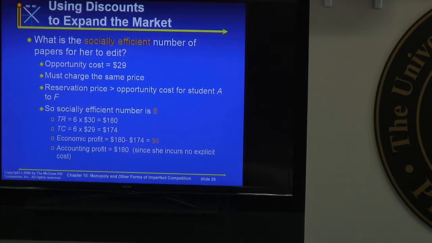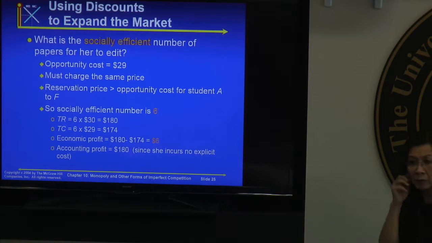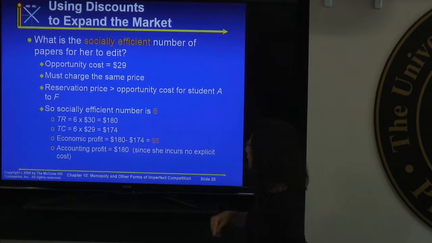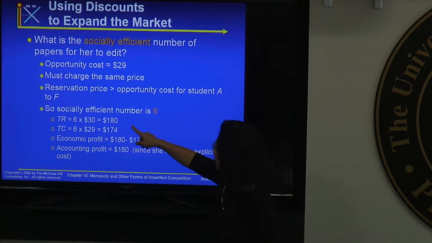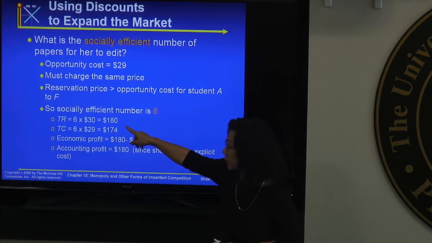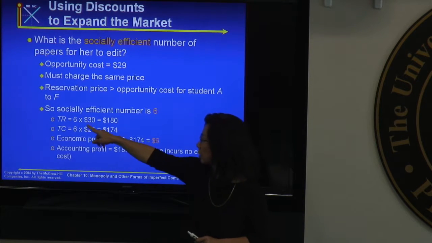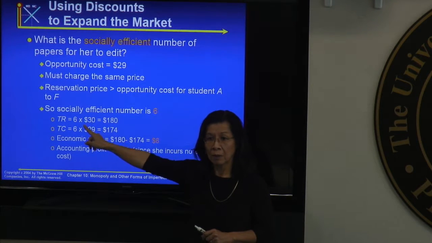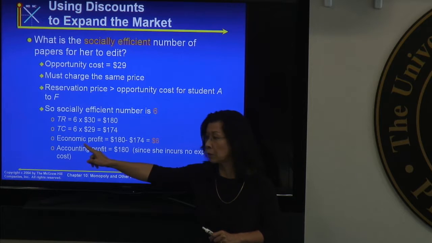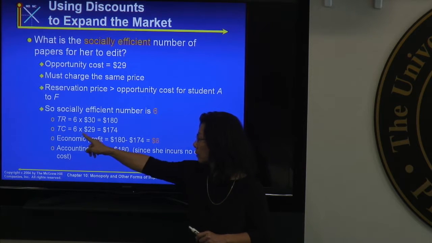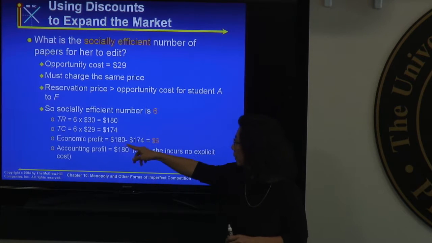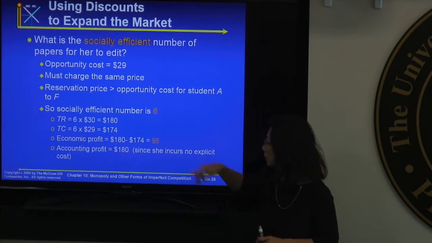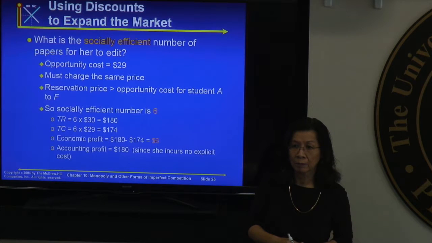So have your book ready and flip it back and forth so you could see it with this table, because it's kind of hard later on for me to go back so many slides. So the total revenue is 180 because you take 6 times 30. What about my total cost? That would be your marginal cost, which is 29 times 6, you got 174. So the difference here, economic profit, is the difference between the two, you got $6.